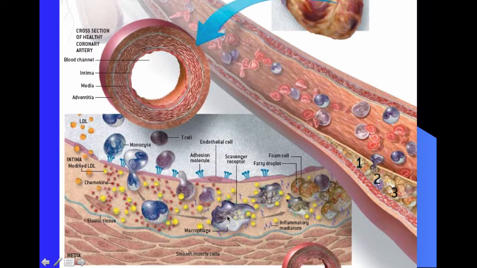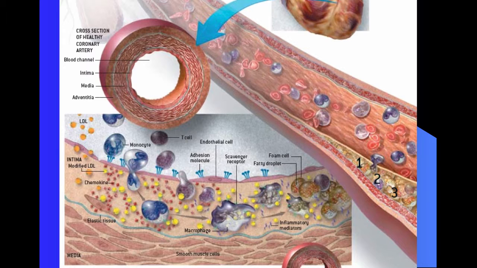Now, normally that uptake of LDL by cells in the body is regulated, and normally the receptor numbers go down as cholesterol goes up inside a cell, but these are unregulated. Okay, so the macrophages continue to absorb LDL until it becomes excessive.